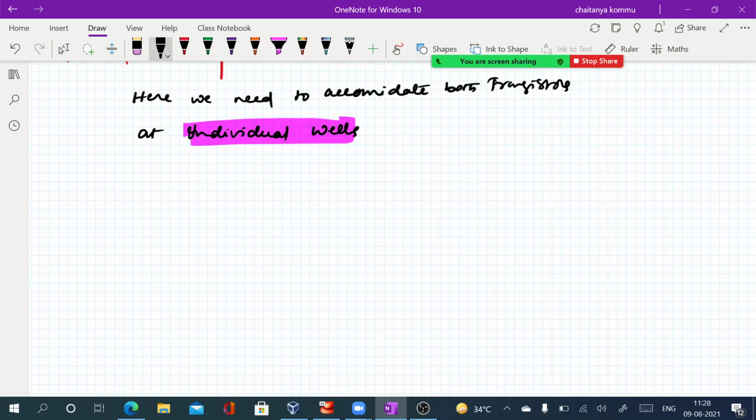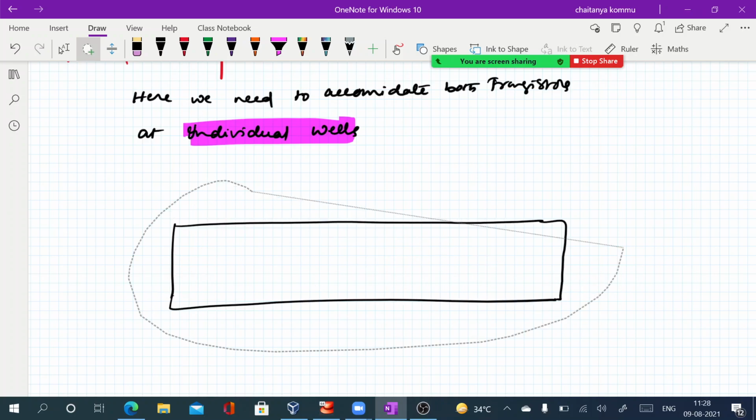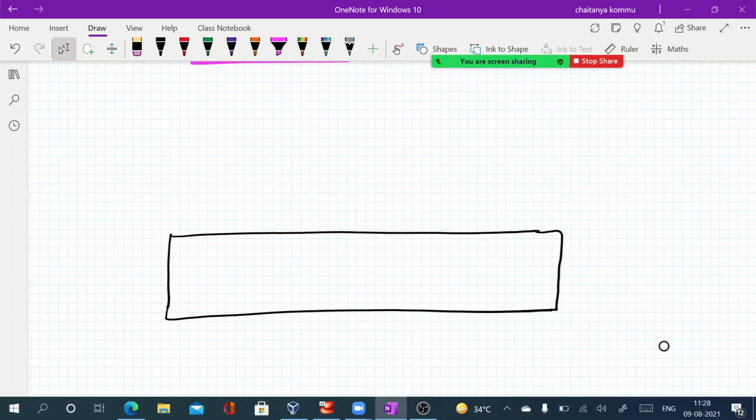What does it mean? That means I have to consider, for example, an N substrate. I am considering N substrate, right? See, what is the additional step? Let me write here. So N substrate I am considering.